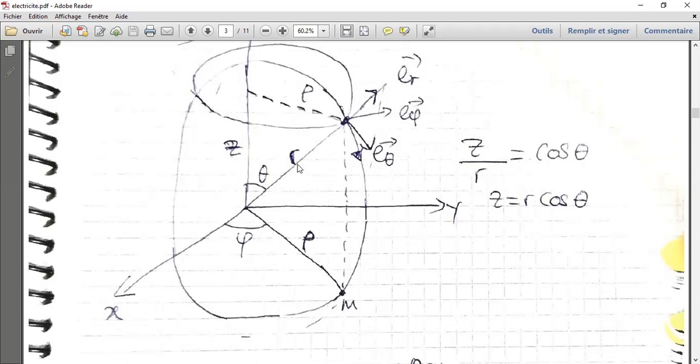Rho. So you have got two radiuses, R and rho. I said that this distance here is just the same as the distance from Z here. So you have seen there's rho, then there's a radius, which is what?